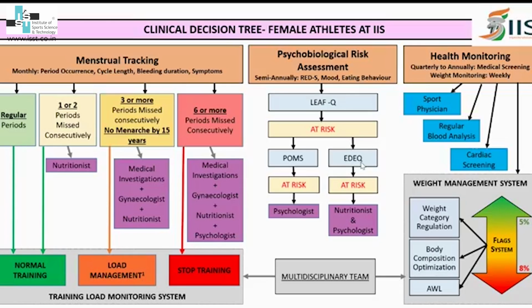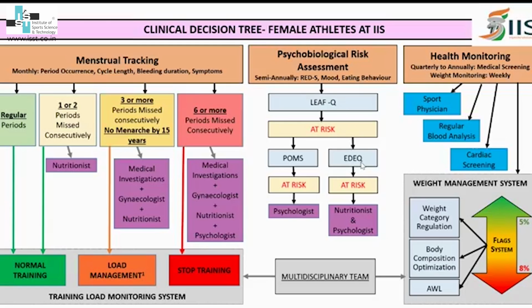Similarly, if there is a high eating disorder score, which is based mostly on 3 or 4 categories. So if the athlete has a lot of shape concern, a lot of weight concern, they have restraints, or if each of those variables is presenting with a high score, we share the results with the nutritionist, so the nutritionist knows what the athlete's tendencies are, and then a nutritionist and a psychologist would consult the athlete.